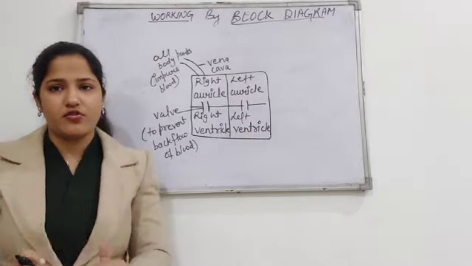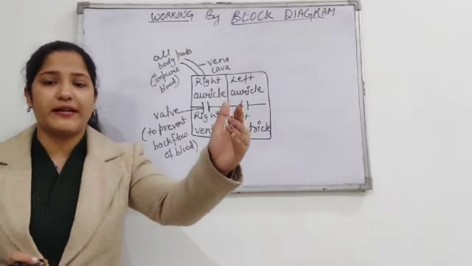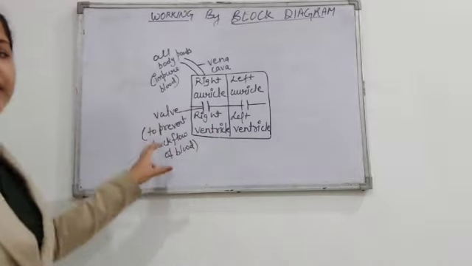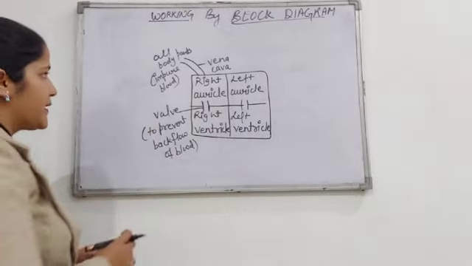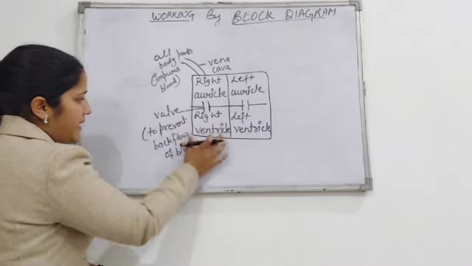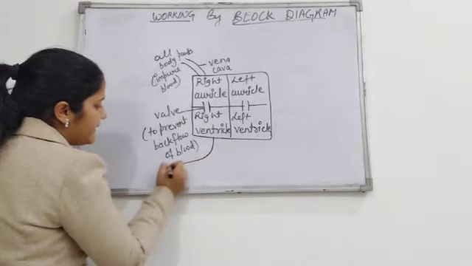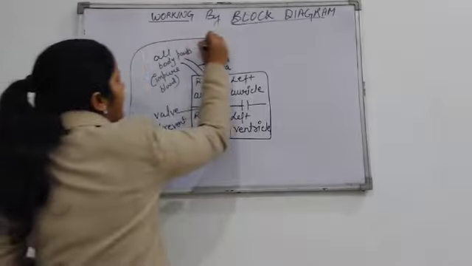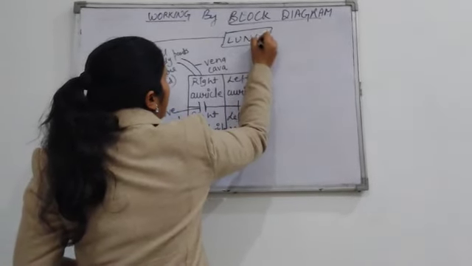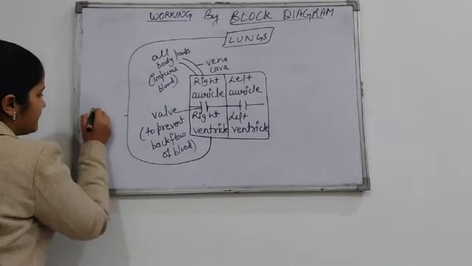Once the blood enters into the right ventricle, now it will not go back into the right atrium again. This is the main function of a valve. Clear? Now from the right ventricle, the blood is carried by an artery which is called the pulmonary artery.